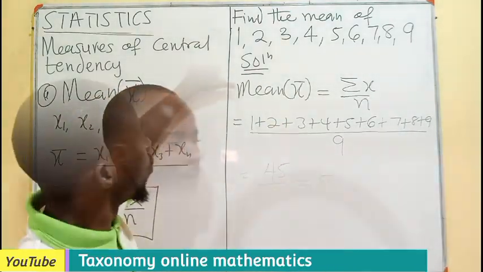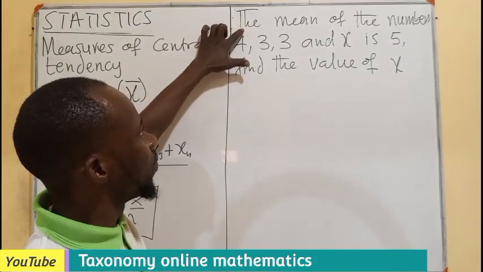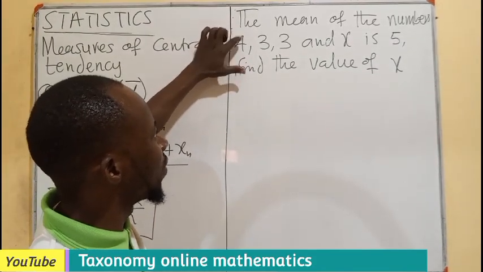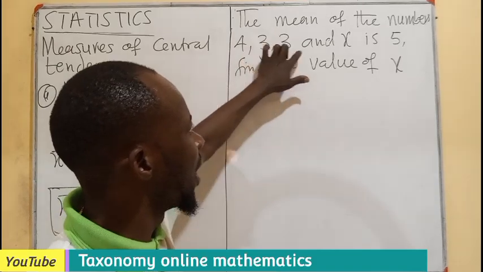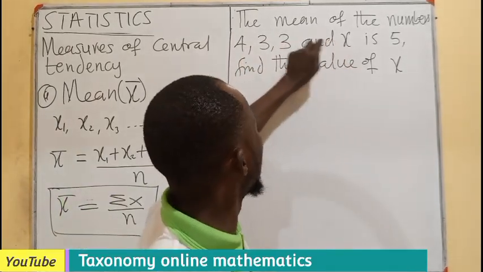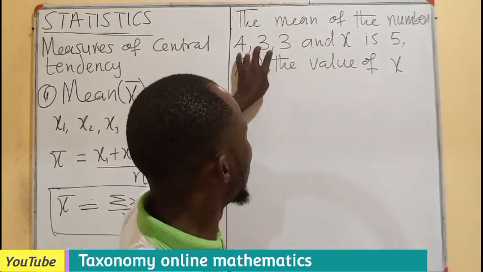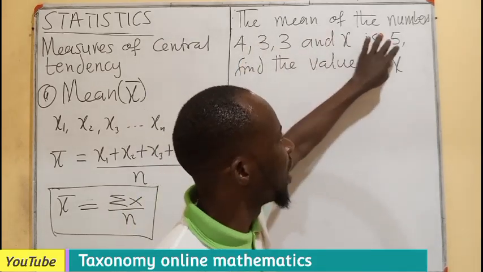So if you have a question like this: find the value of X, given that the mean of the numbers 4, 3, 3, and X is 5.